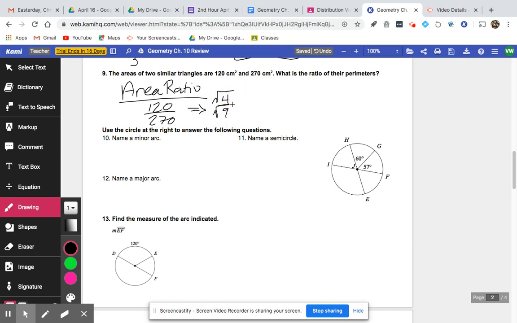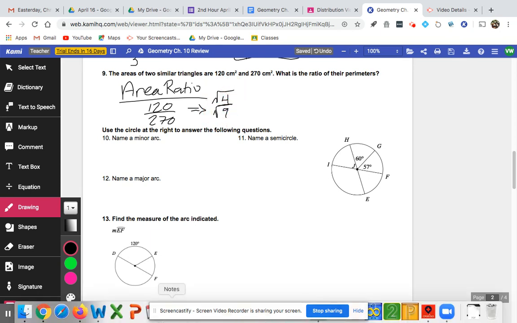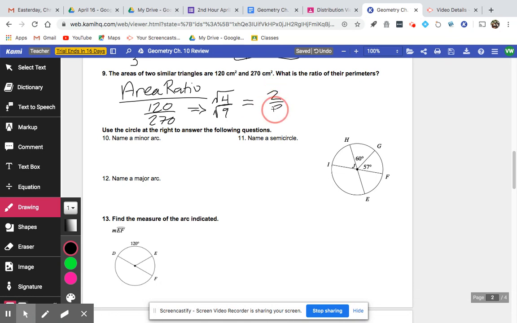I want to take the square root of both sides, and that gets me 2 to 3. So that's the perimeter ratio. So that's 2/3. If I want to write it as a ratio, I want to say 2 to 3. That's the one I want. I don't want the fraction.